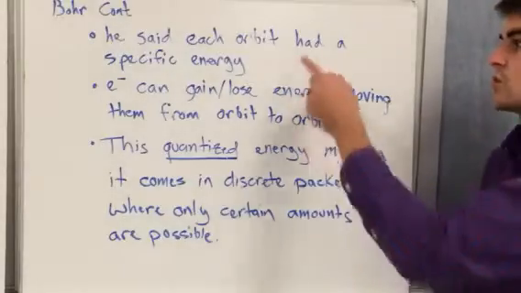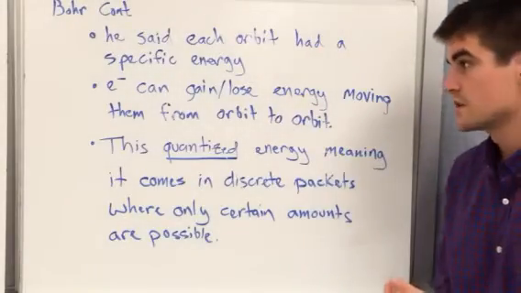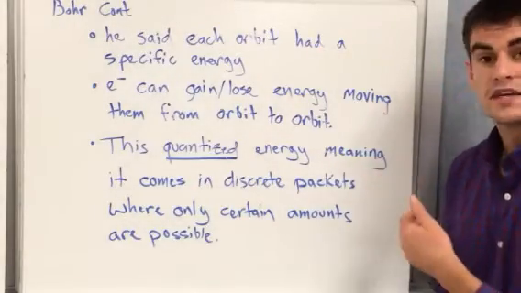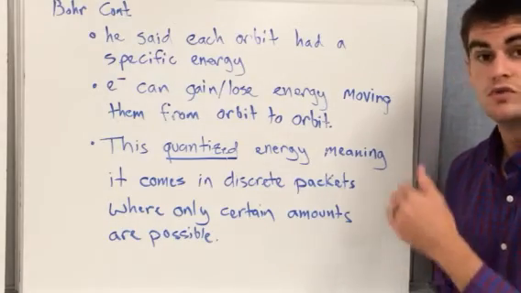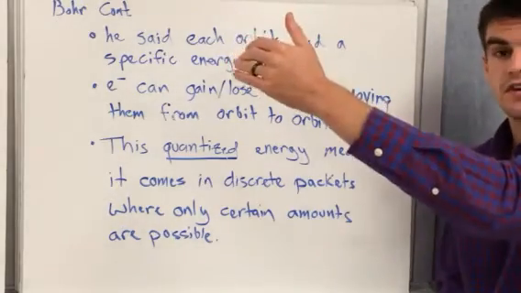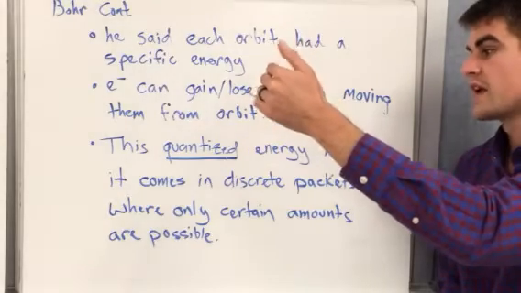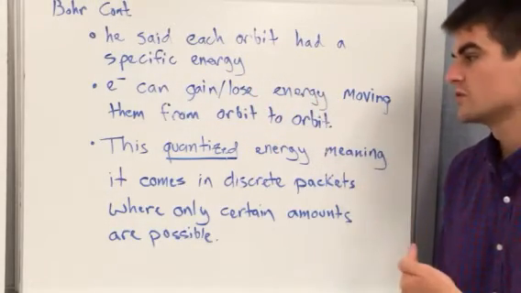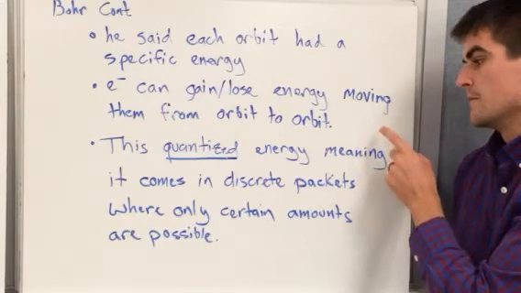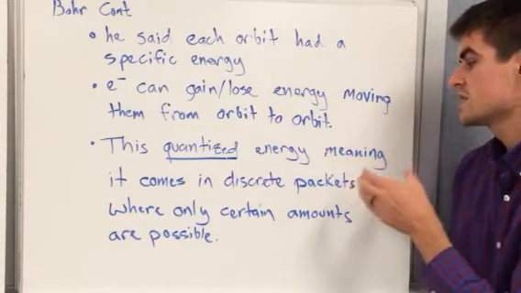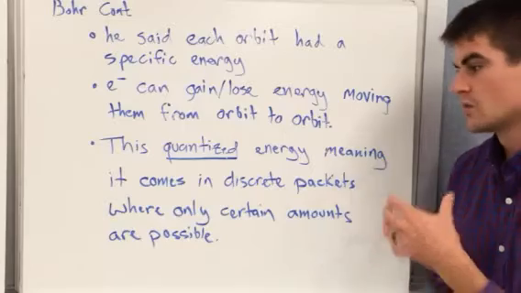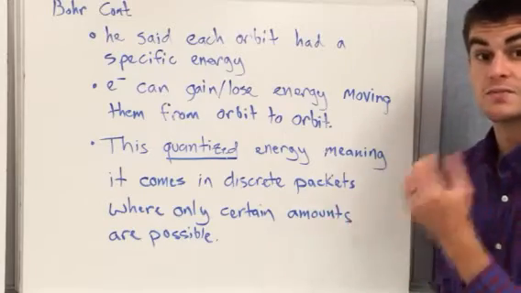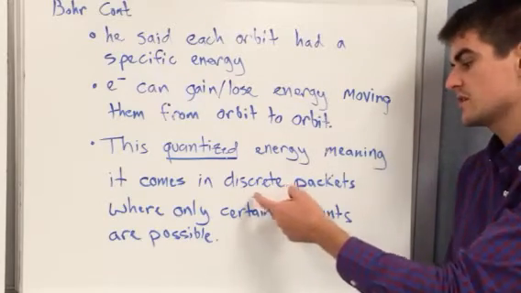What he said was each orbit has a specific amount of energy, and electrons can gain or lose energy, which moves them further away from the nucleus if they're gaining, or closer to the nucleus if they're losing. This energy is quantized, and quantized means it comes in very specific amounts, discrete.